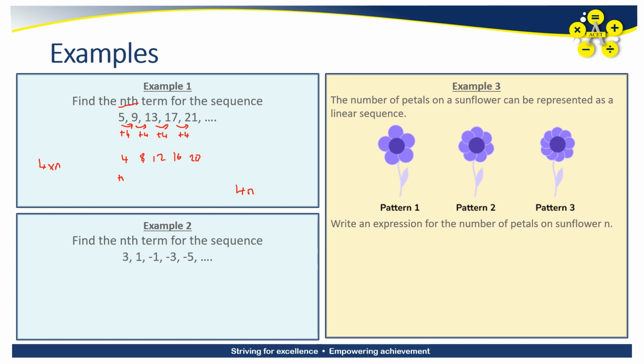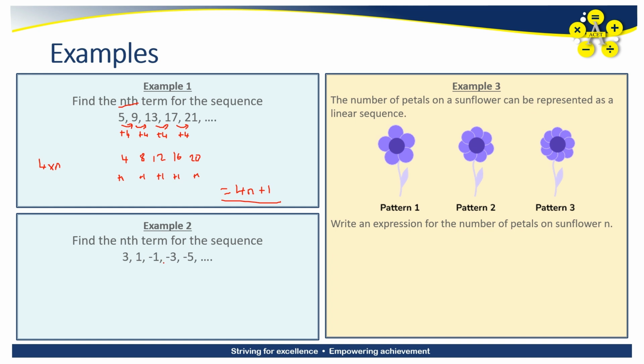To get from 8 to 9, I need to add 1. From 12 to 13, add 1. So you can see repeatedly, I'm adding 1 each time. So our answer, our nth term, is the 4 times table, but moved up the number line 1 space. So each time you're trying to find the nth term, you're asking yourself 2 questions. What times table is it in, and how has it shifted?